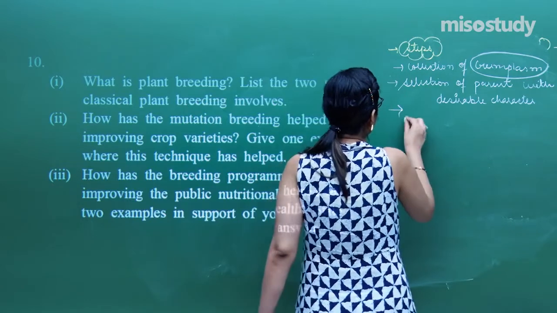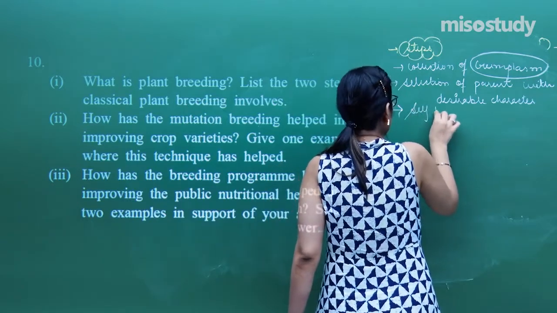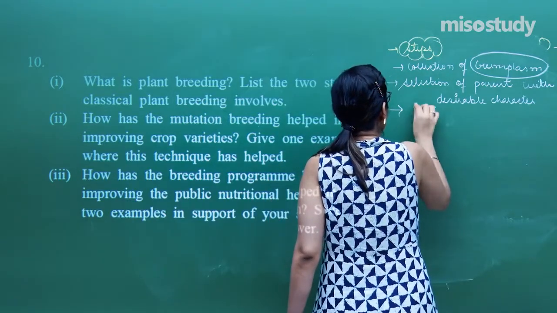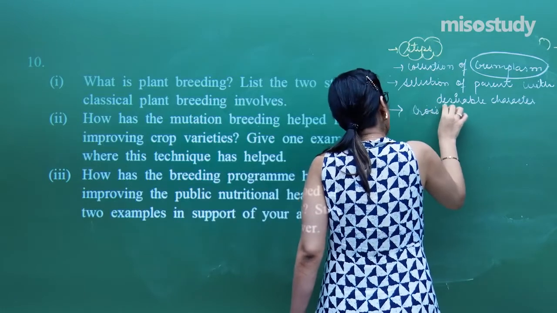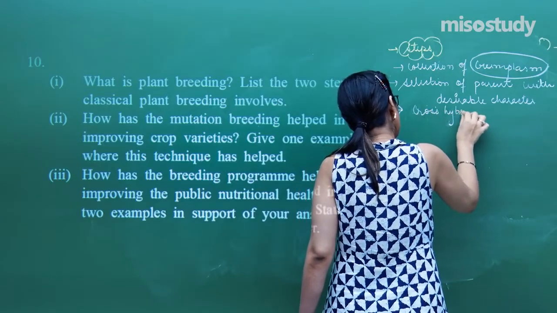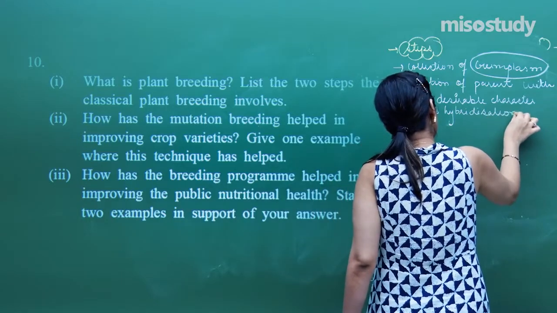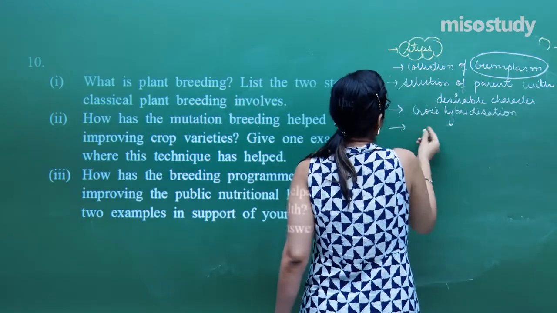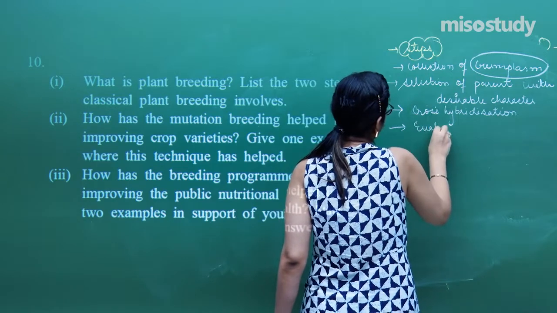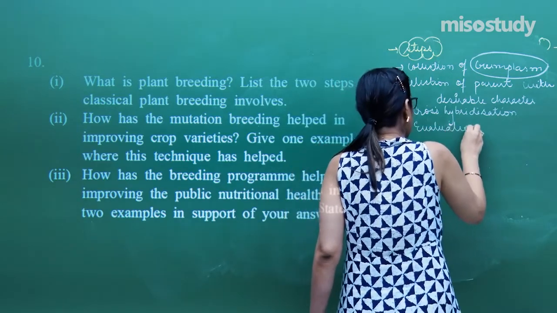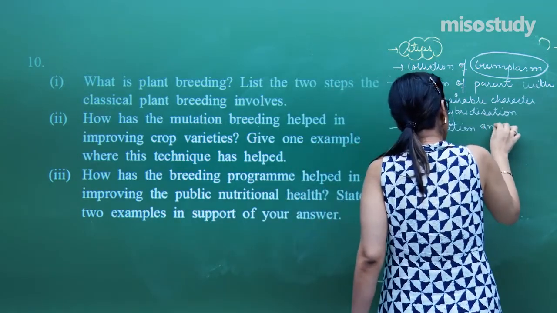Now, after that is self hybridization. Sorry, this is cross hybridization. The next step is evaluation and testing of plants.